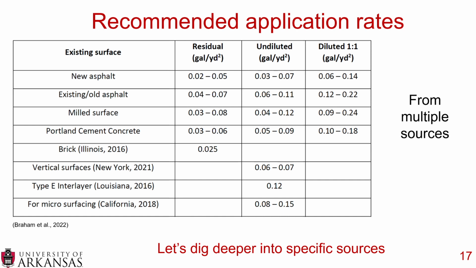That's kind of the big takeaway here. The second big takeaway is that there's a range. There's no one single right answer. And I compiled this for the NCHRP report from multiple sources, and there's multiple ranges. So let's dig into some very specific applications and some very specific sources.